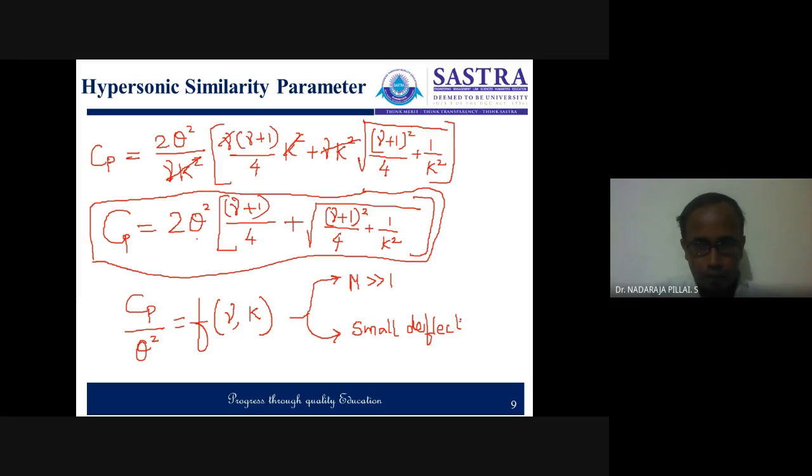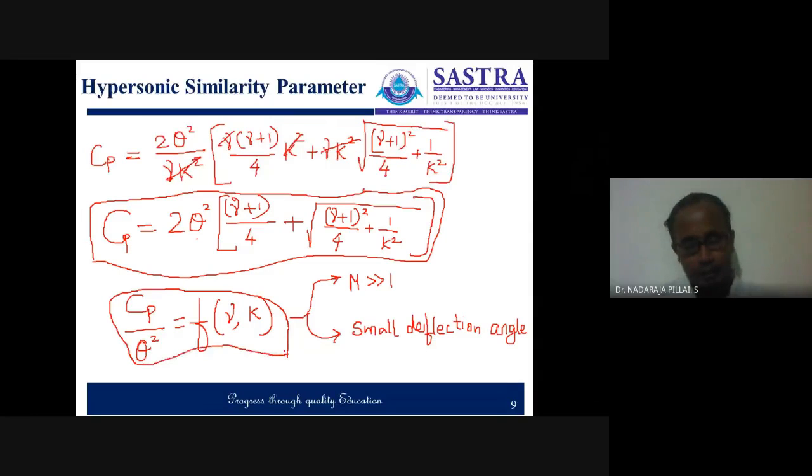So this is the final conclusion in our present discussion. Cp by theta square is in terms of gamma and k, right?